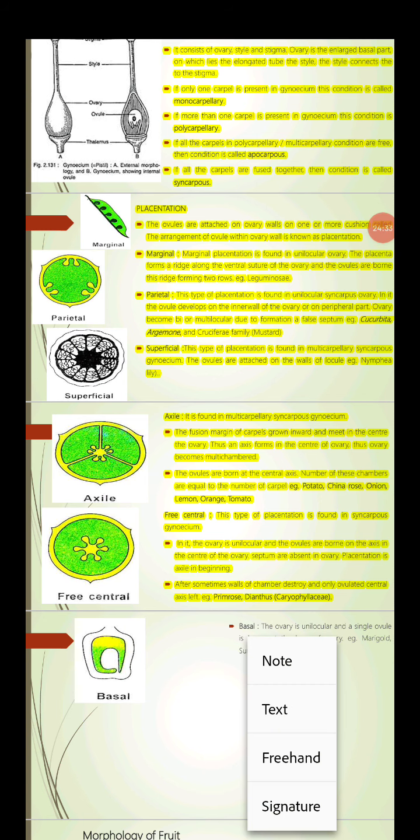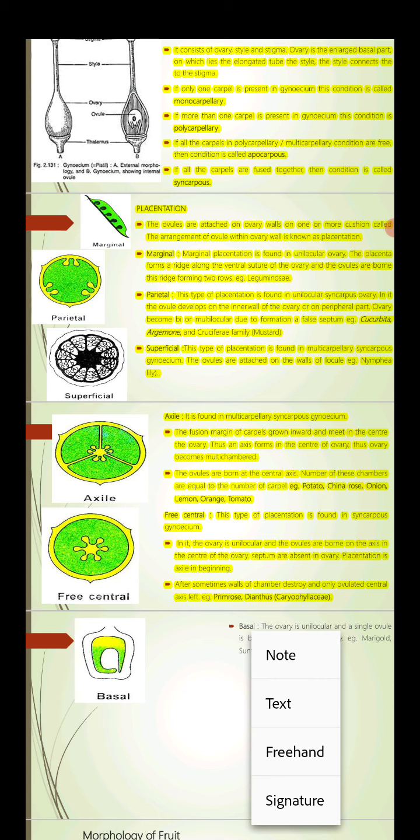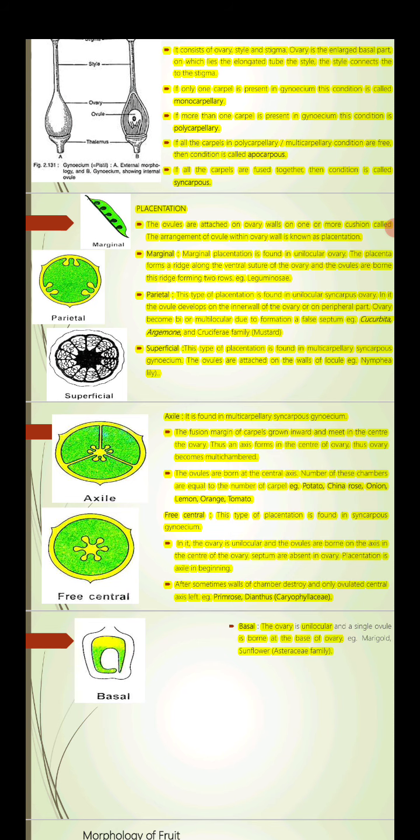And the last one is the basal. The ovary is unilocular, and a single ovule is borne at the base of the ovary. Just look at the structure.